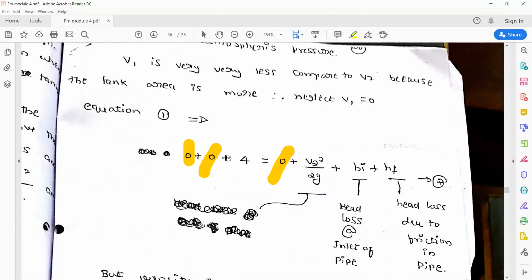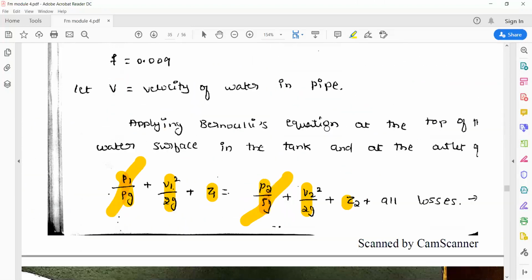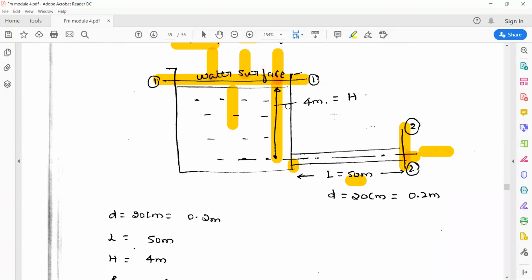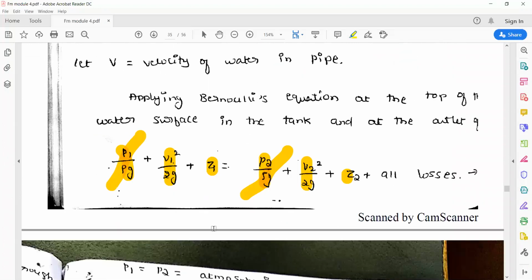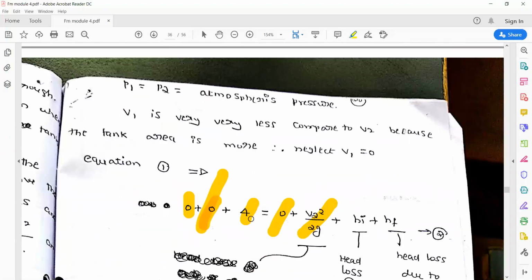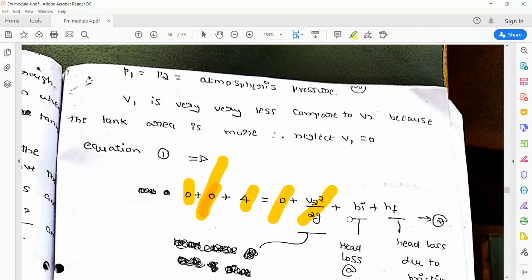That's why V1 square by 2g is 0, and V2 square by 2g they have considered. So P1 by rho g plus V1 square by 2g plus Z1: what is the height at section 1? Z1 is 4 meters, as given, so you can substitute Z1 equal to 4 meters. And you need to consider all the losses.